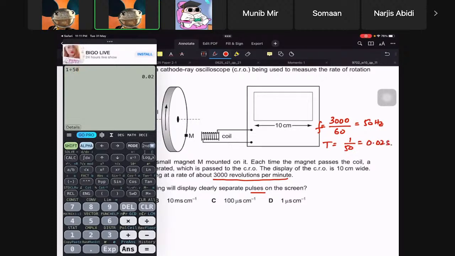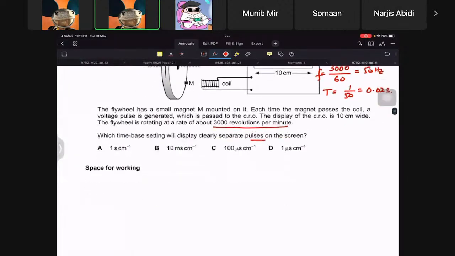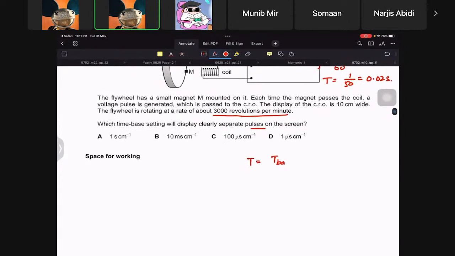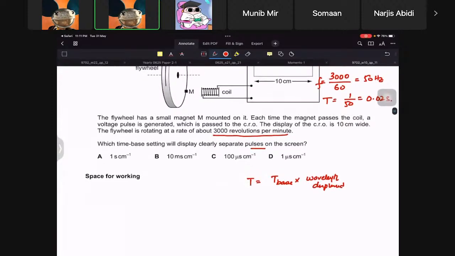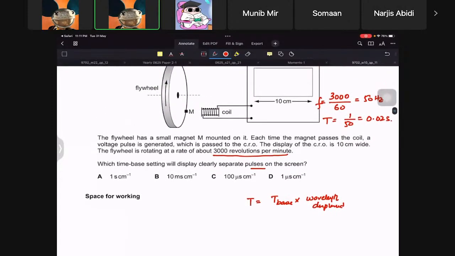Now we have to do time equals time base times the length displayed that we need. So the screen is 10 centimeters wide, and if it is 10 centimeter wide, this means that we have to do something.